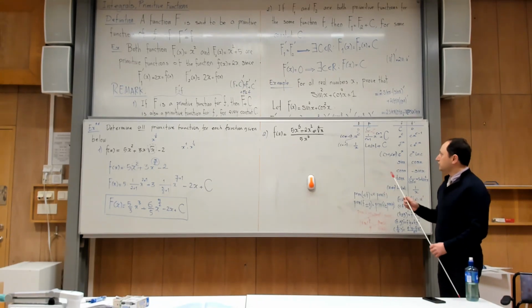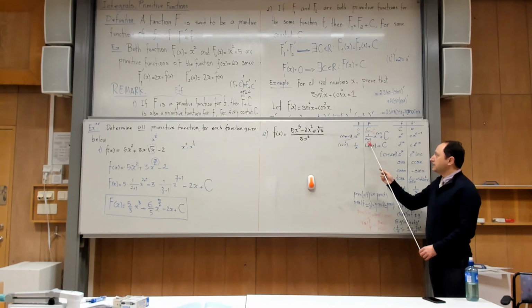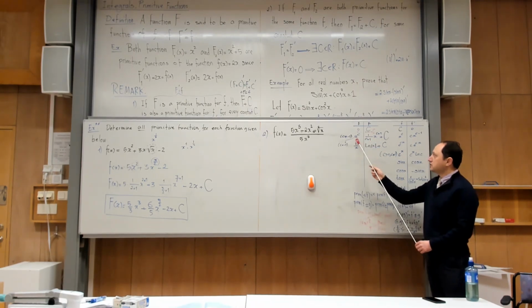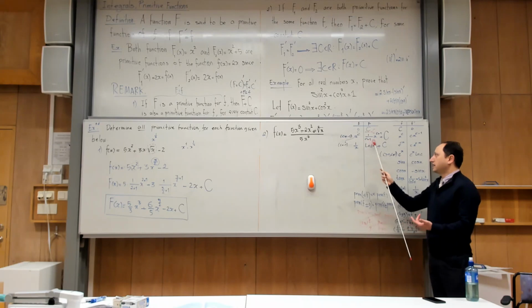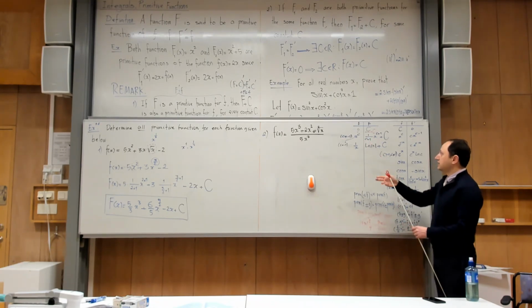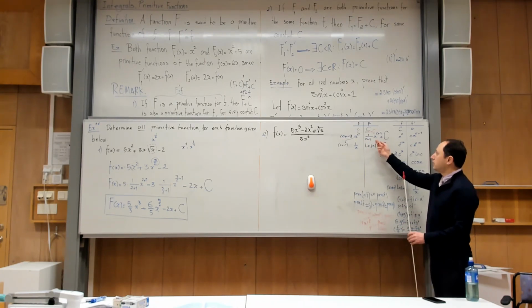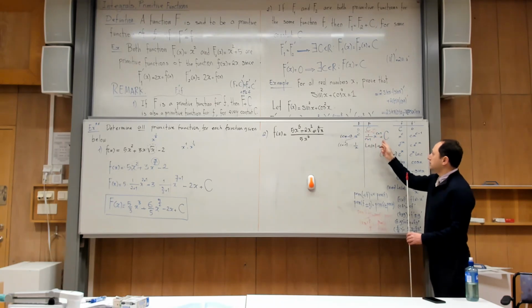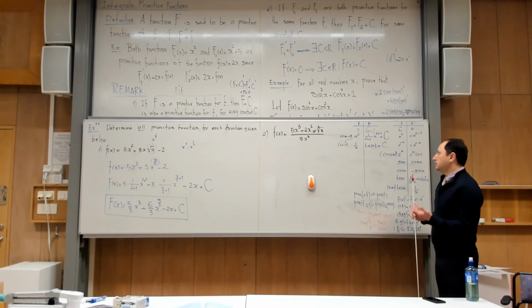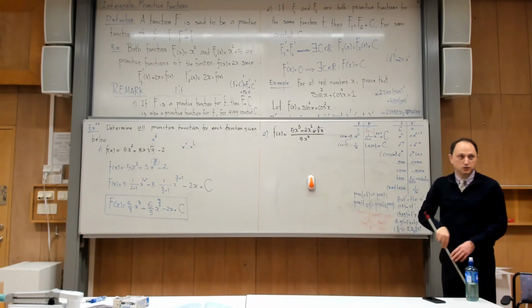So even though somehow I ask you to guess a function whose derivative is this one, you might consider this a guesswork, but of course after guessing, I motivated you why this works, because you take the derivative of this one and confirm that this is indeed the case. But you might say that somehow we guessed. But I hope that you agree with me, there is no way to guess a function whose derivative is this one. We have to calculate.